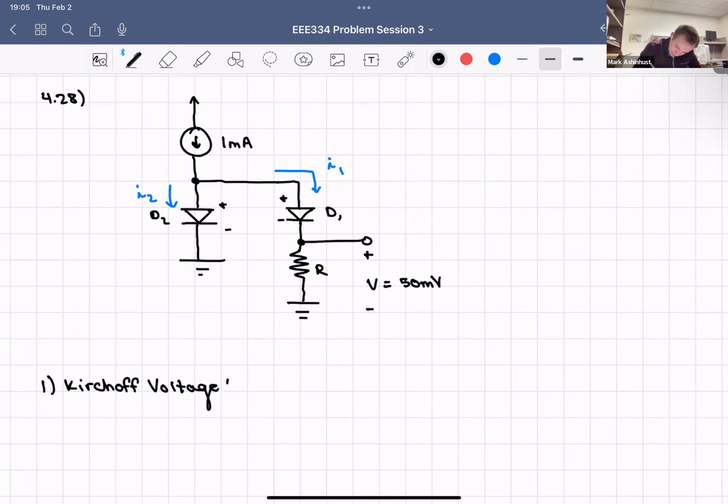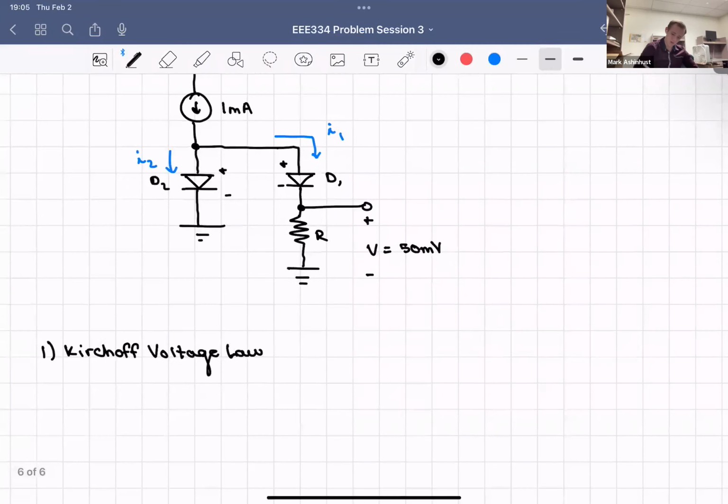Let's do Kirchhoff voltage law and just run an equation for voltages there. So we'd have a voltage from D2. So let's do VD2 because, like I said, those diodes are acting as voltage sources. And then we have plus a VD1 plus V, right? Because these be the same, equals 0.